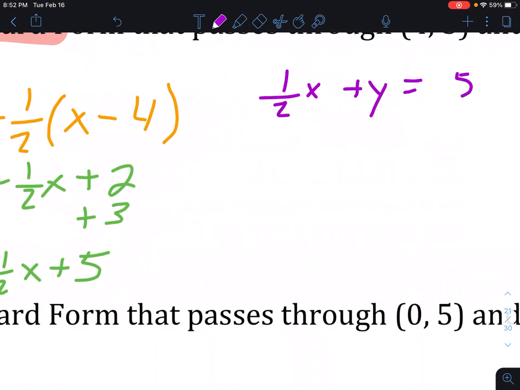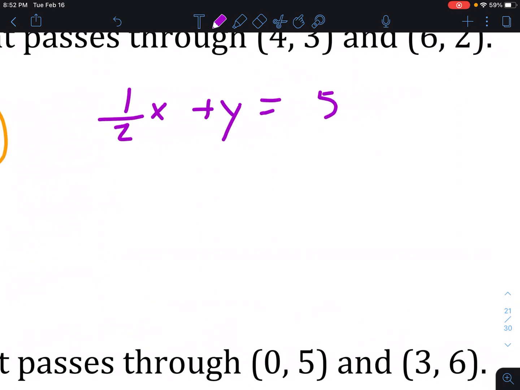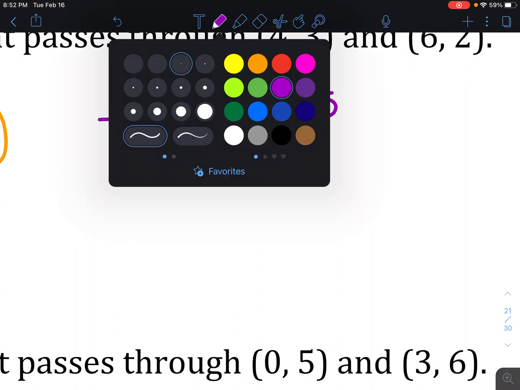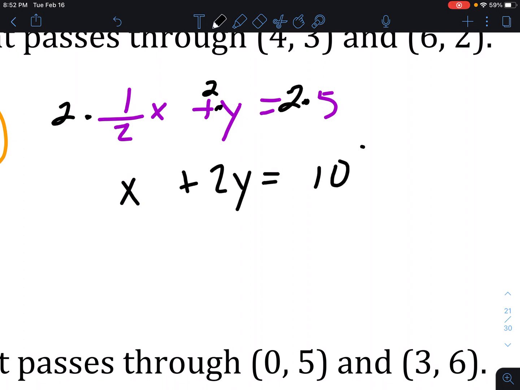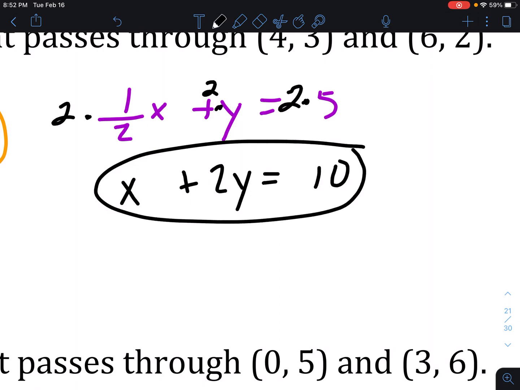Almost standard form, but remember, standard form cannot have fractions. So what do we want to do? We want to multiply everything by 2. So 2 times 1/2 is 1. So 1x plus 2y equals 10. There's my answer.